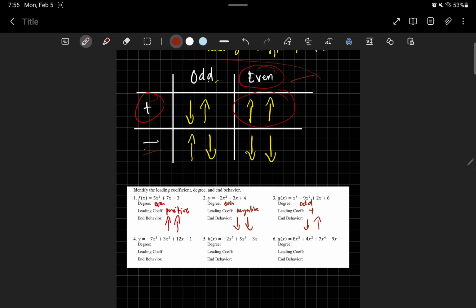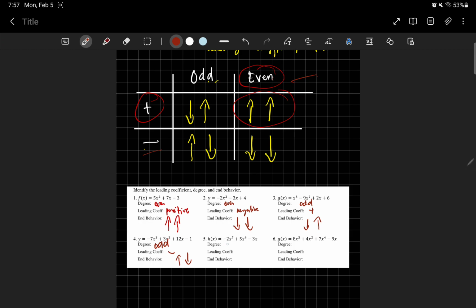Okay? So, you have to memorize talaga itong table na to, para madali nyo ma-answer yung mga ganitong type of questions. Number 4, negative 7x cubed plus 3x squared plus 12x minus 1. So, negative siya, yung leading coefficient natin, then the degree is odd, therefore the graph is rising, falling. Number 5, negative 2x raised to 7 plus 5x raised to 4 minus 3x.